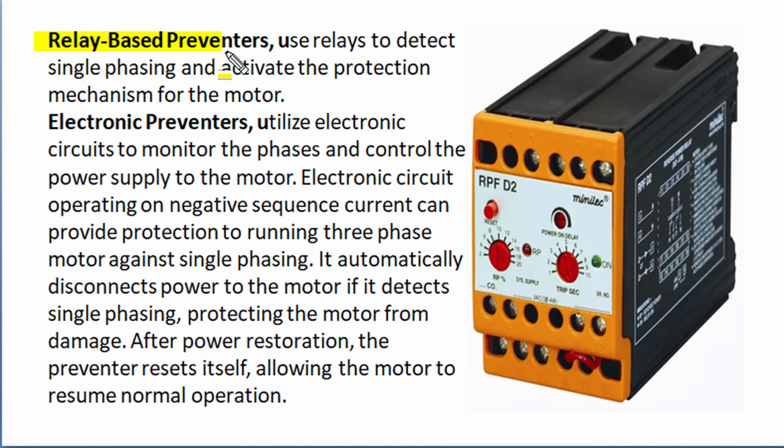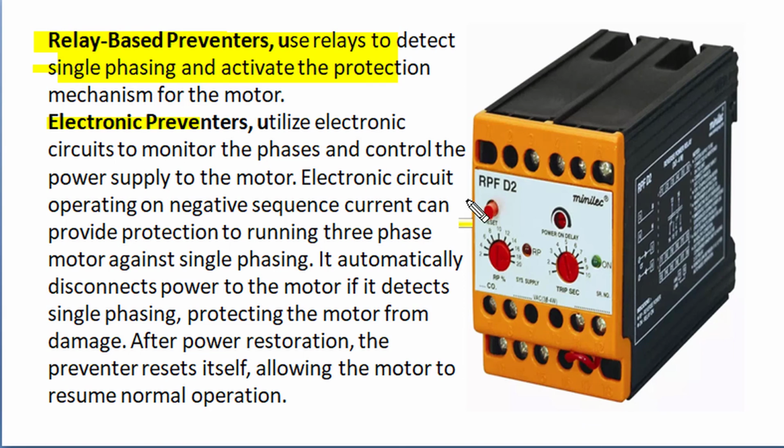Relay based single phase preventers use relay circuitry that detects single phasing and activates the protection mechanism that disconnects supply from the motor in case of single phasing. But popularly we use an electronic single phase preventer that utilizes a dedicated electronic circuit that monitors the three phase availability, and in case of single phasing the negative sequence current or voltage imbalance can provide the required trip signal to the contactor, and that automatically disconnects power to the motor and provides protection against single phasing.